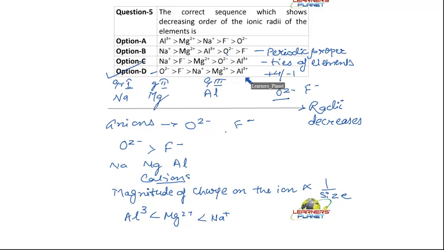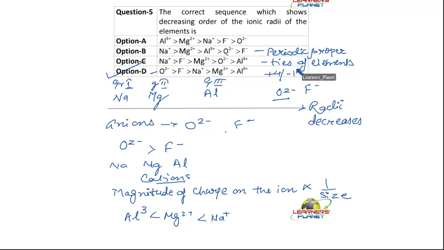Just pull out the ions, place them in the groups, write the name of the groups as well as the periods. And remember, there is one thumb rule, that when you move from left to right in the periodic table, the sizes reduce, the ionization energy increases, right?